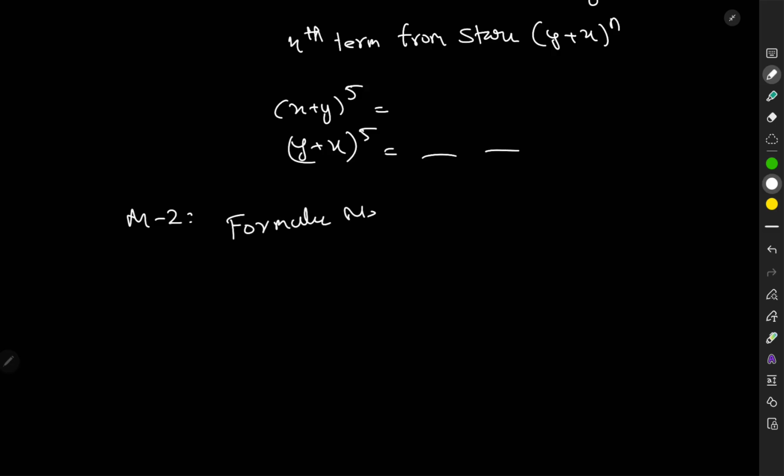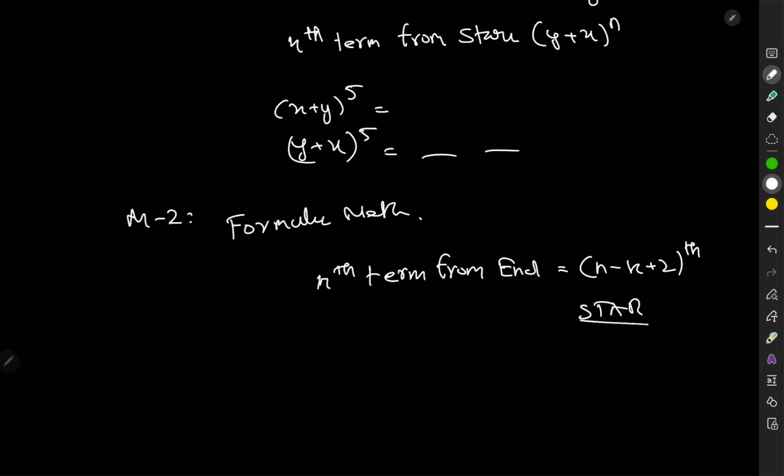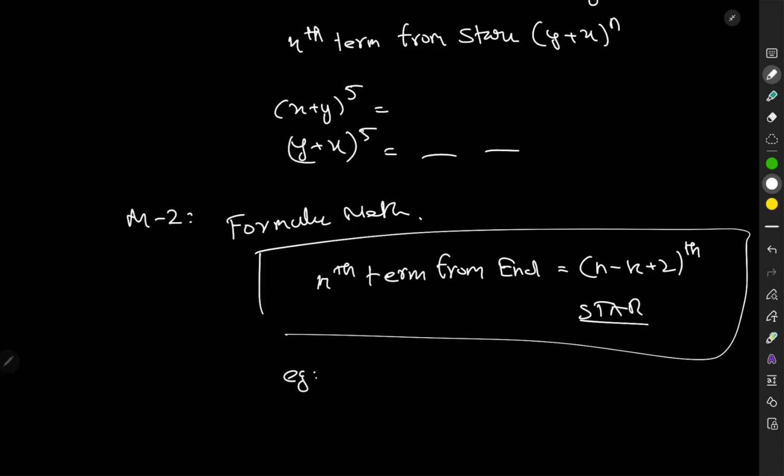So what is the formula method? Kth term from the end is equal to the (n minus k plus 2)th term from the start. Direct formula, remember it. For example, we have given something like this, and we know there will be 7 terms, right?